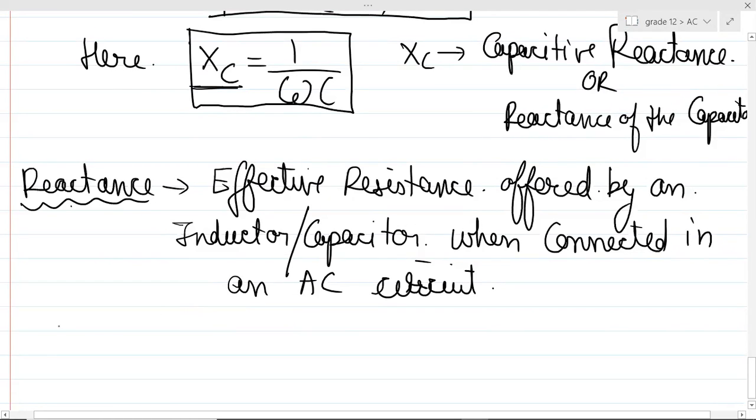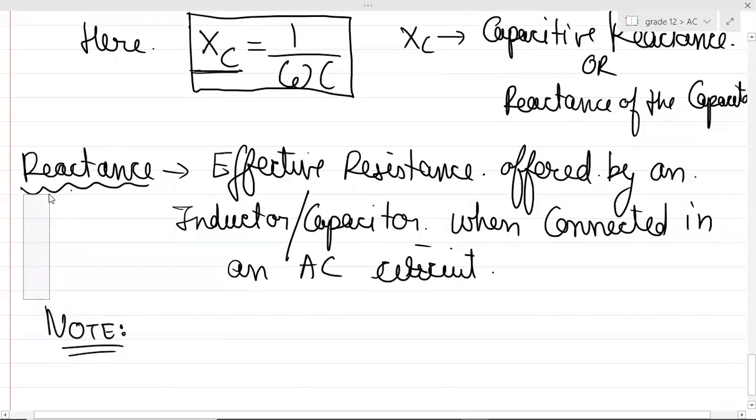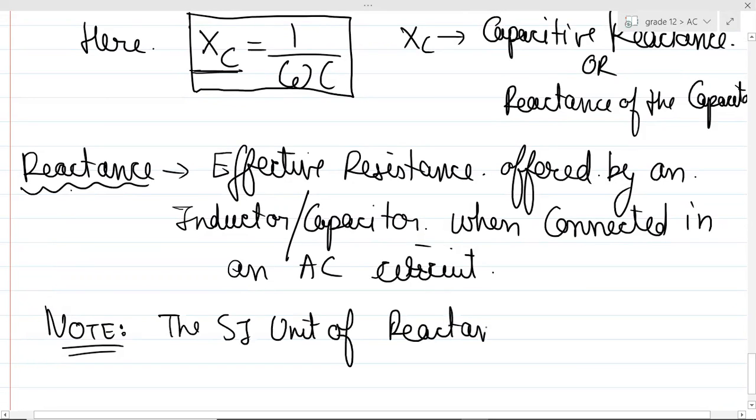Anyways. Acha, one note you need to write in this particular thing. The SI unit of a reactance is same as resistance.